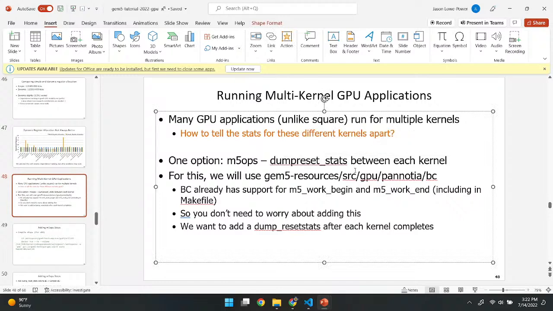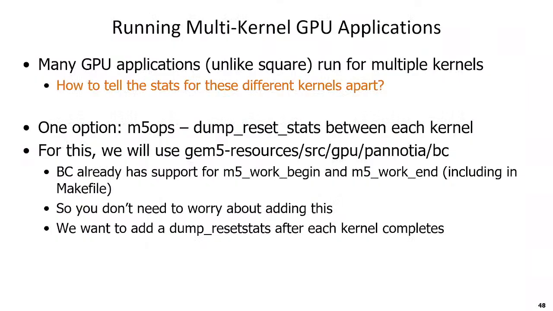What we're going to do, though, is add in dump reset stats between the different kernel calls in the application. On the next slide, I will go through how to do that. But the key thing is that BC already has support for M5 ops with work begin.